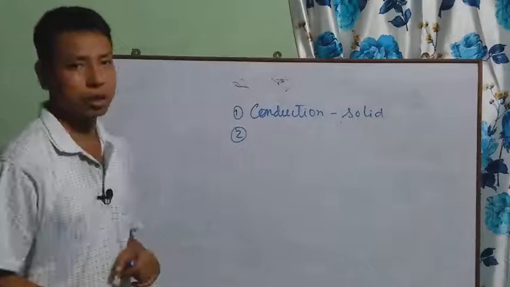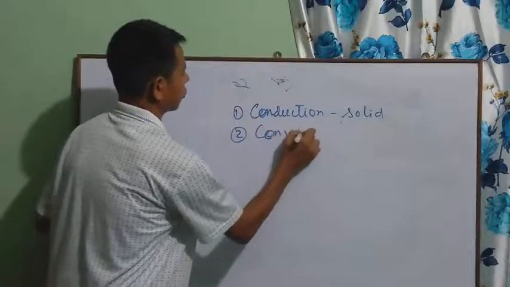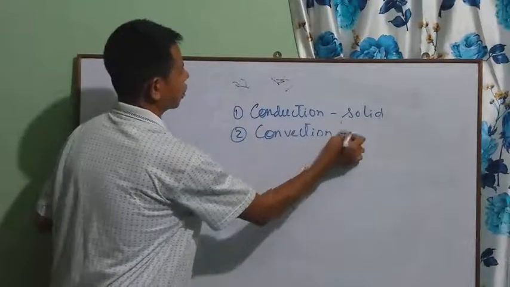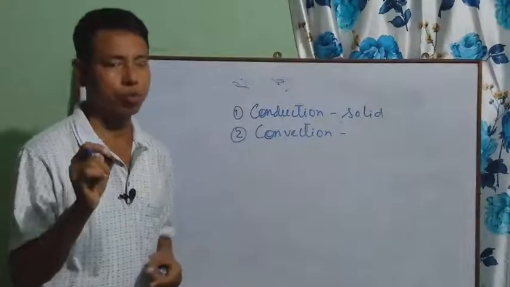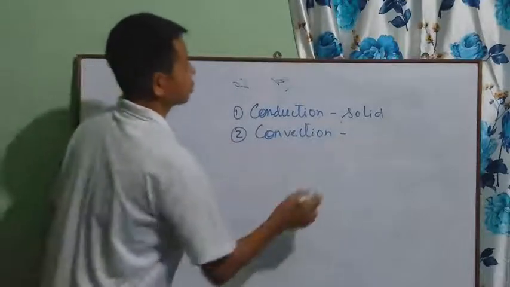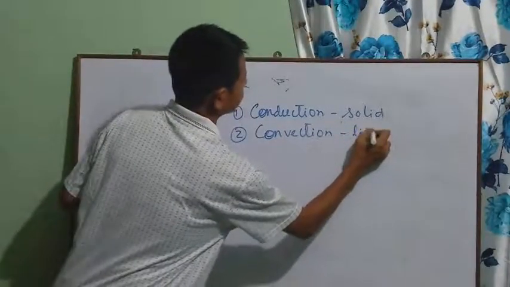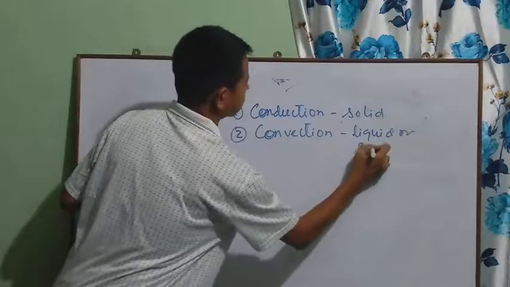The second one, in the previous videos we have discussed convection. Since in case of convection, the actual movement of the particles of that medium takes place, it takes place in case of liquid or gases.